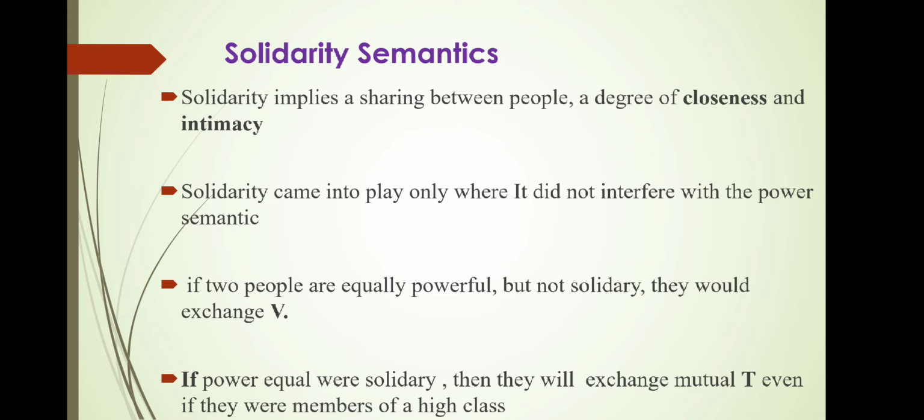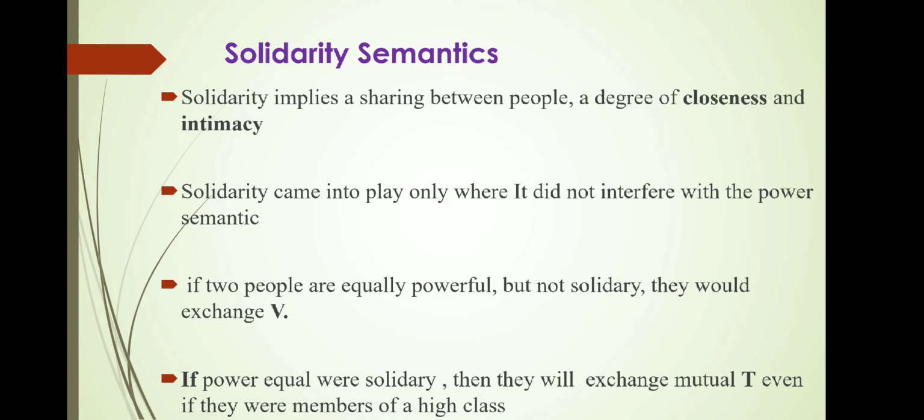But the difference was that now mutual V would be used between non-solidary equals, either among common people or among nobles. Okay? So if power equals were solidary, they will exchange mutual T, even if they were members of the high class.